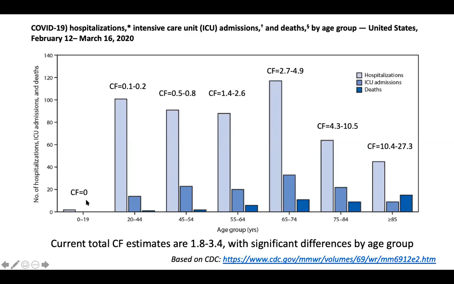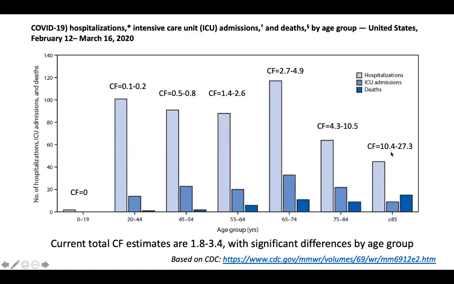I calculated these case fatality estimates from a table that was presented in this source. What you see is that for your under 20-year-olds, the case fatality is 0. You have less than 1%, less than 0.5%. For your 20 to 44-year-olds, it gets a little bit higher as you get older, but it's still under 1% for your 45 to 54-year-olds, and it increases over time.